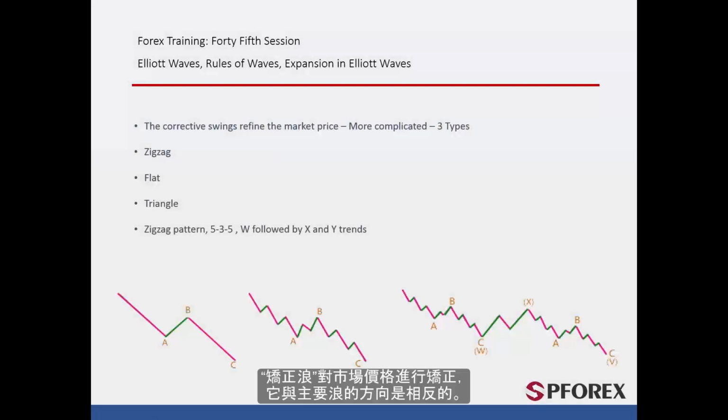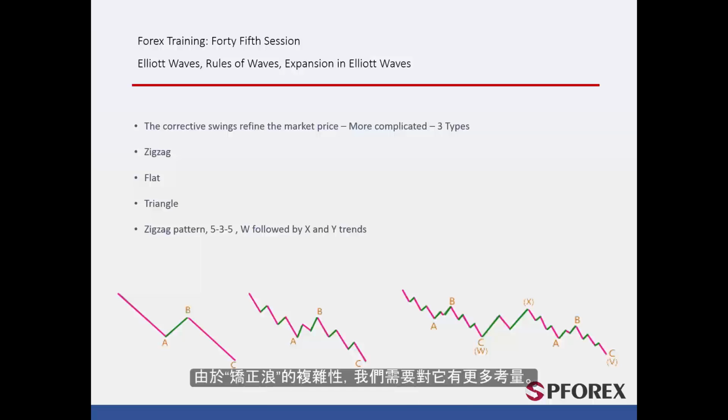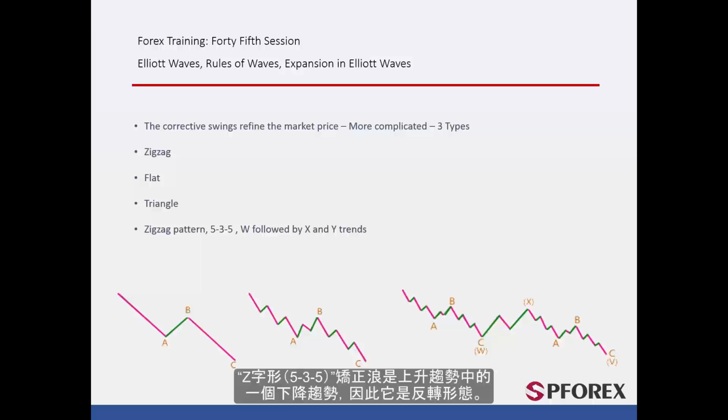The corrective swings refine the market price and move against major swings. Corrective swings require more consideration due to their complexity. There are three types of corrective swings: zigzag, flat, and triangle. A zigzag pattern, 5-3-5, is a downward trend in an uptrend.